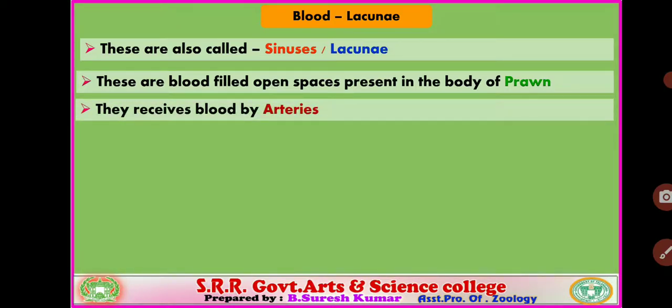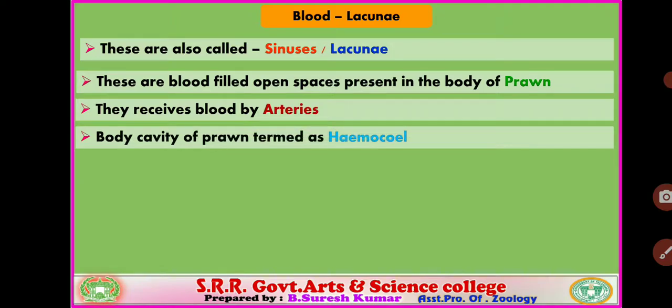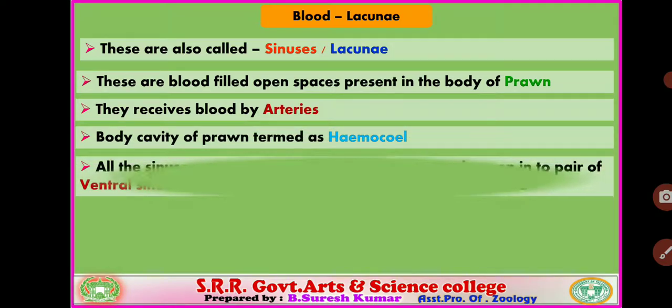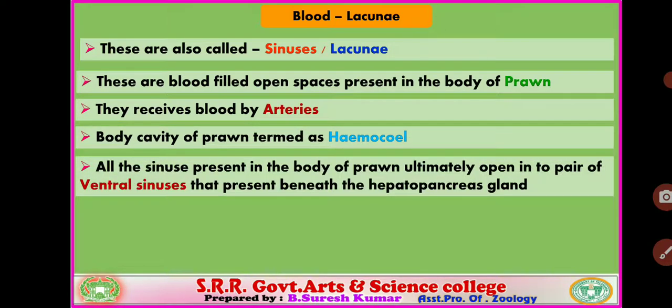These blood filled open spaces present in the body of prawn receive blood through the arteries, and the body cavity is termed as hemocoel. All the sinuses present in the body of prawn ultimately open into a pair of ventral sinuses that are present beneath the hepatopancreas gland. Remember, very important.